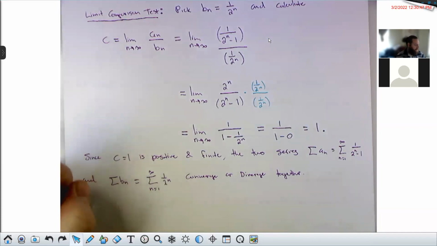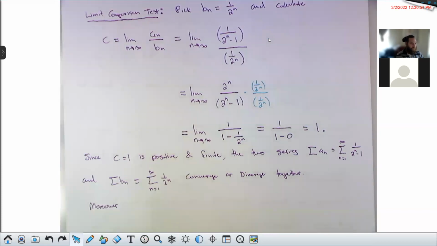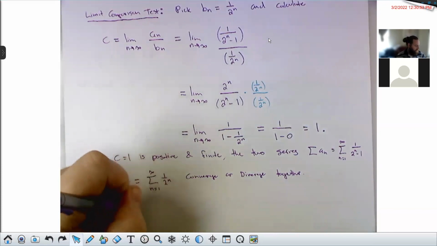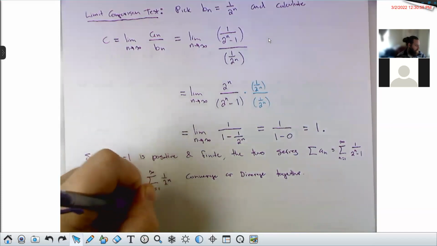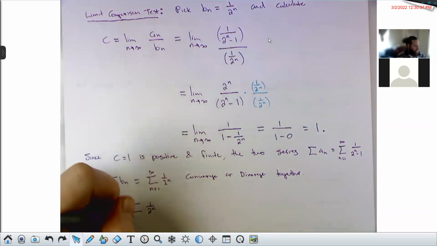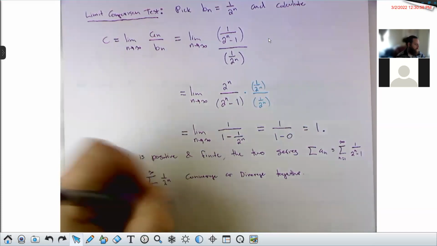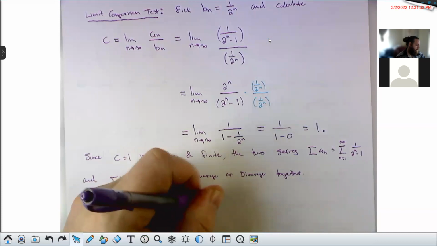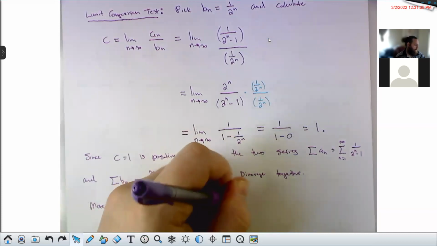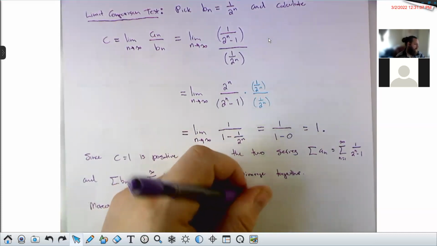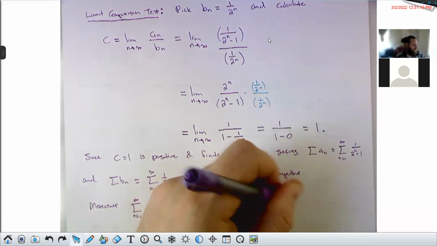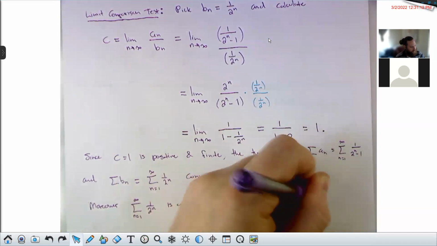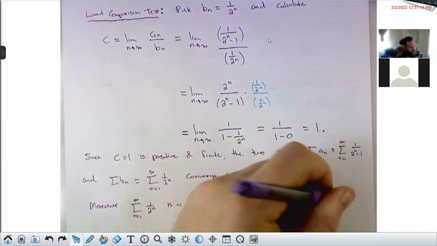The way I like to phrase this is, moreover, sigma 1 over 2 to the n, we already did this earlier, sigma n equals 1 to infinity 1 over 2 to the n, is a convergent geometric series, right? Because the absolute value of r is 1/2, which is less than 1.